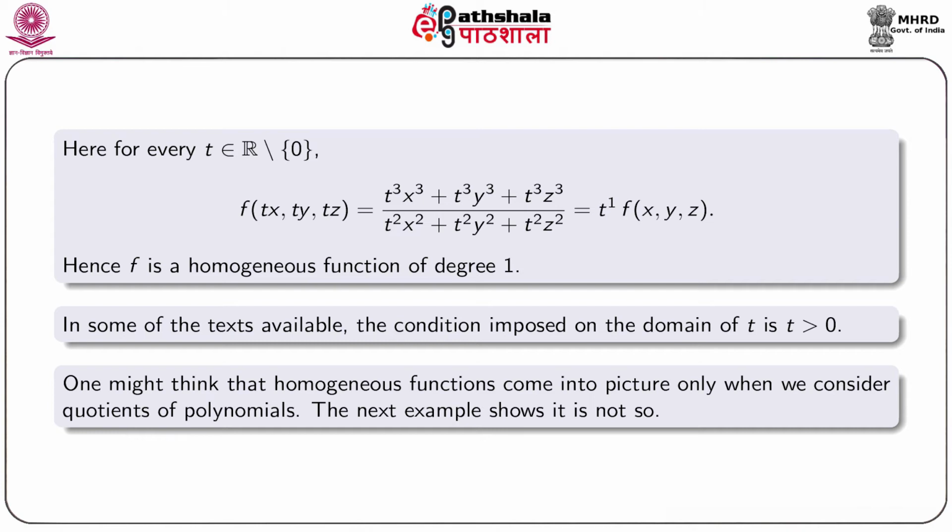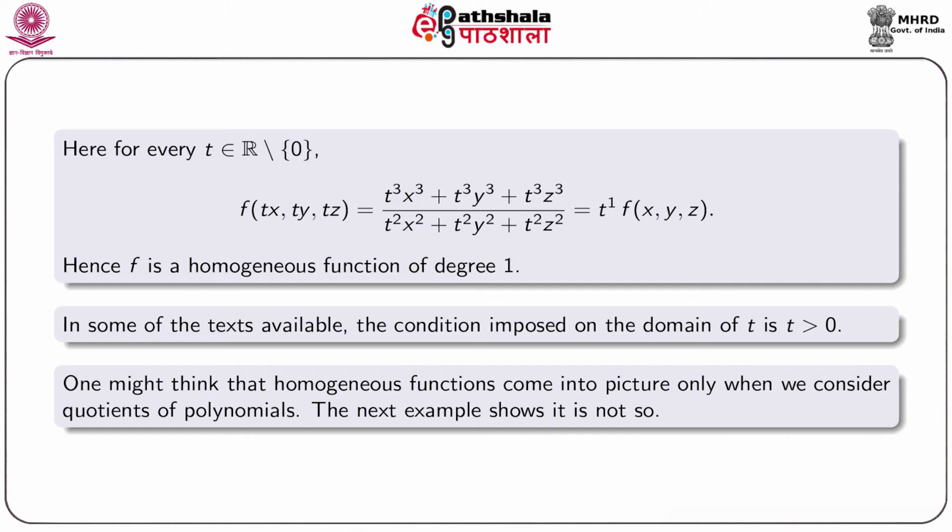Here for every real number t different from 0, we can check that f(tx, ty, tz) equals t cube x cube plus t cube y cube plus t cube z cube divided by t square x square plus t square y square plus t square z square.